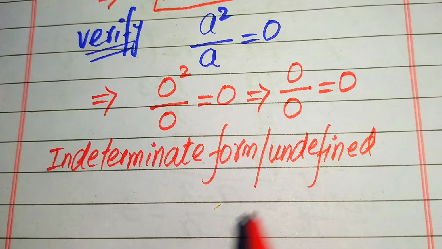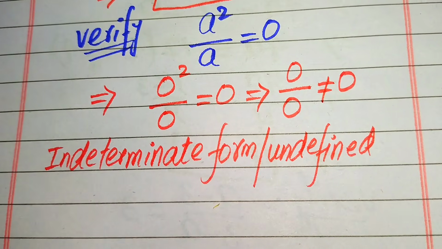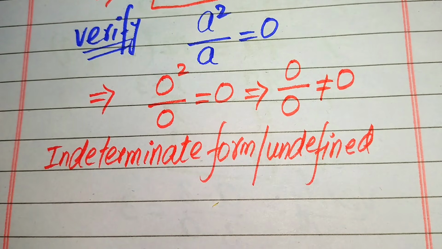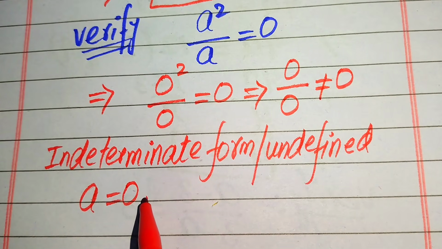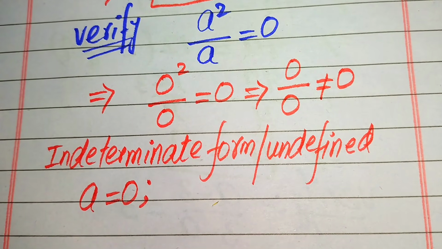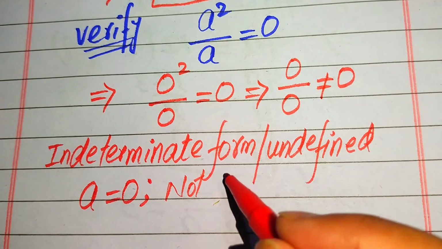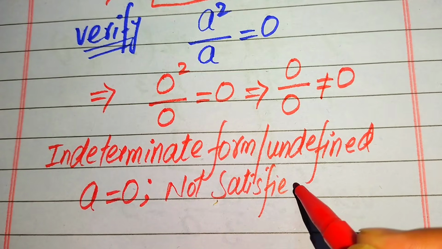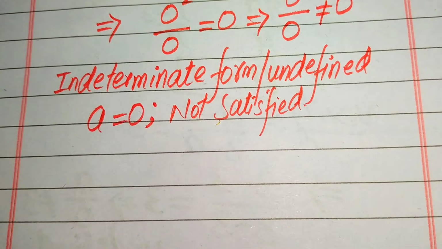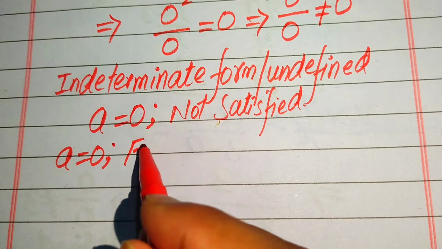So if our left hand side is undefined, this means that both sides are not equal, and this concludes that the value a equals 0 does not satisfy our given question statement. So a equals 0 is an extraneous root of the given equation.